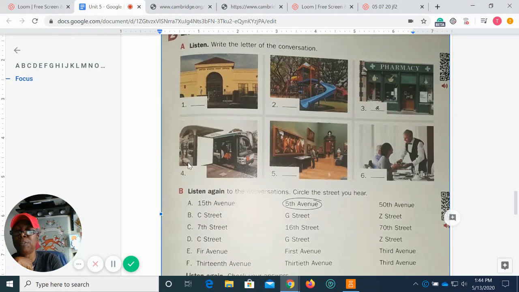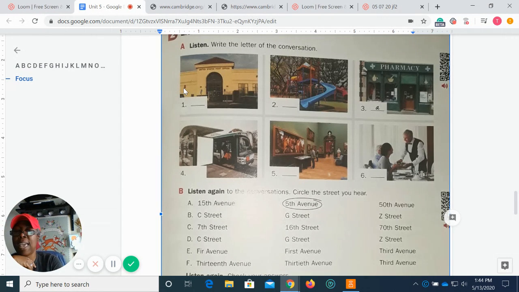Conversation D is number 4. Conversation E is number 2. And conversation F is number 6.